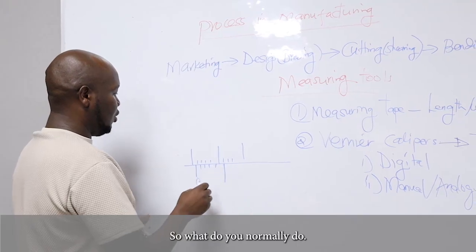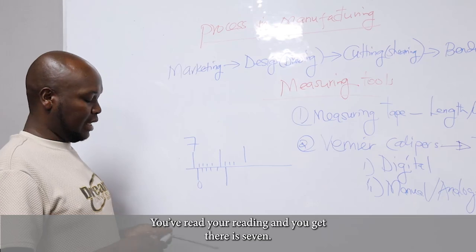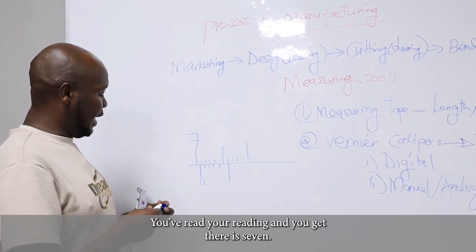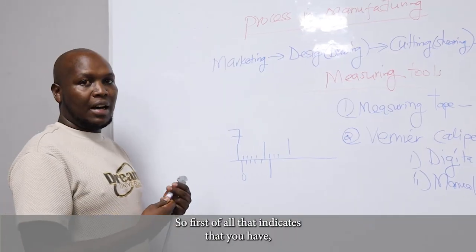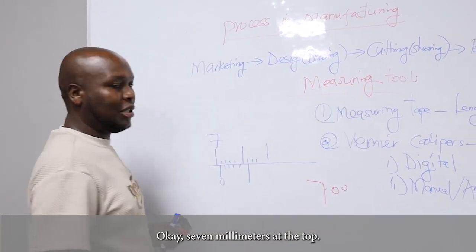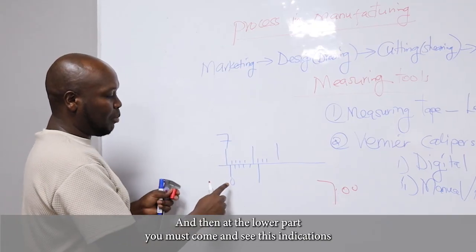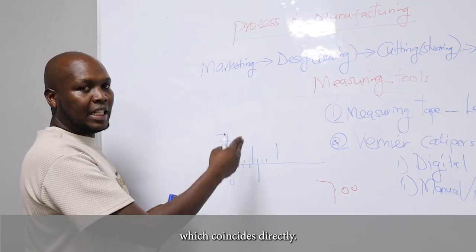Okay, so what you normally do, for example, this is 7. You read your readings and you get a 7. First of all, that indicates that you have 7 millimeters at the top. Then at the lower part you must see these indications which coincide directly.